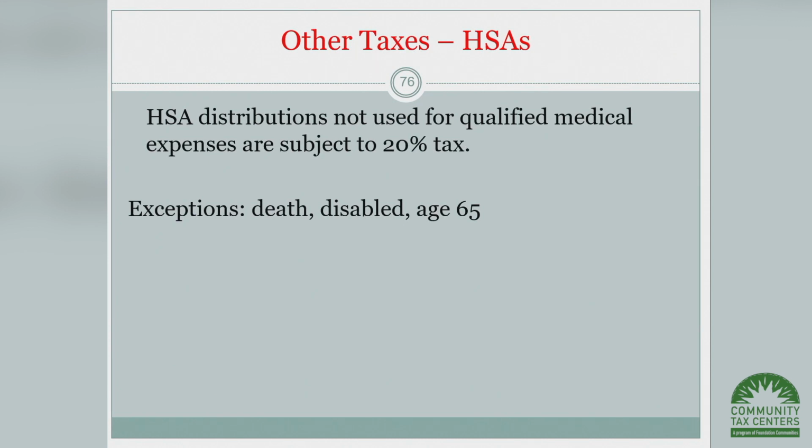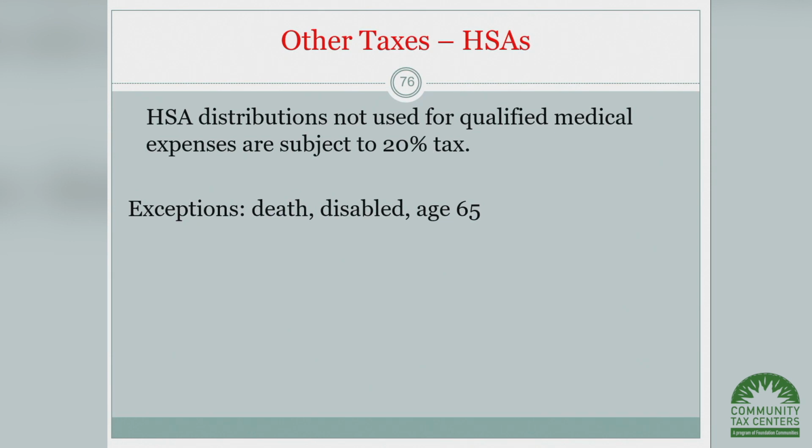And other taxes, your HSA. Your distributions not used for qualified medical expenses are subject to a 20% tax. So we talked about the HSAs earlier and the amounts for the contributions. Does anybody remember what you could use your HSA for?